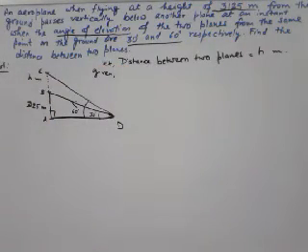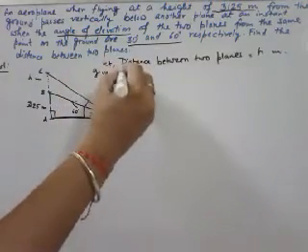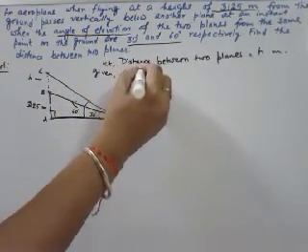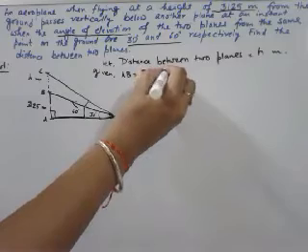Given: height of one plane from the ground, that is AB, is 3125 meter.